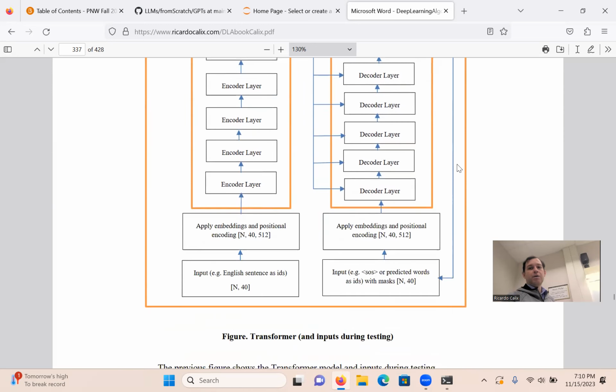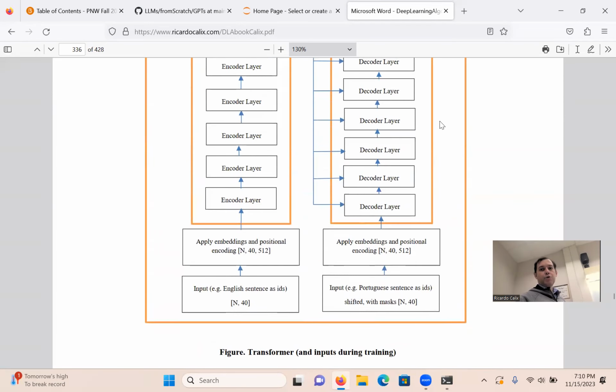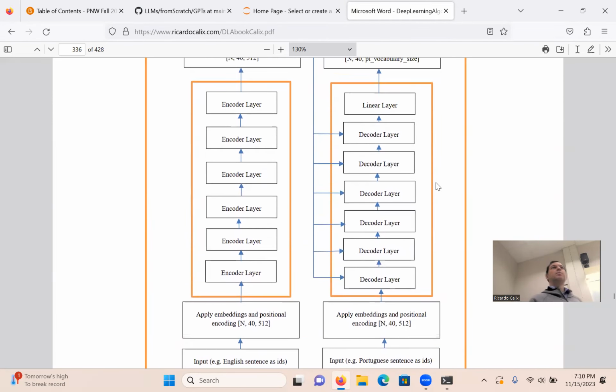You see this blue arrow? Now in the testing, it predicts a word and that becomes part of the input. I've said it, that's called an autoregressive model. In the training, the arrow is not there, but you don't need it because you have the sentences just shifted by one. Got it? So there's a difference between training and testing.